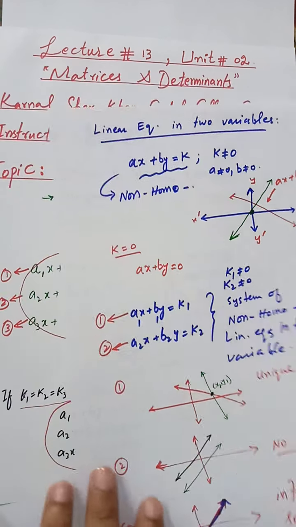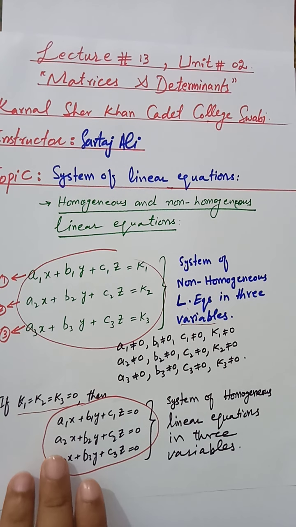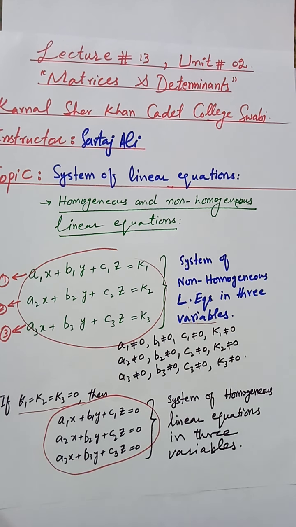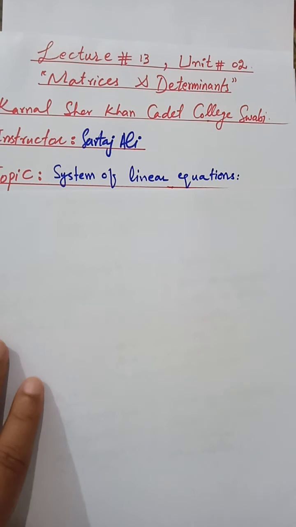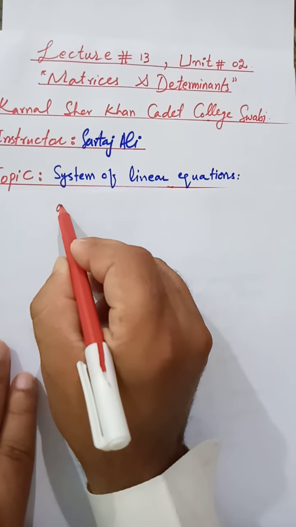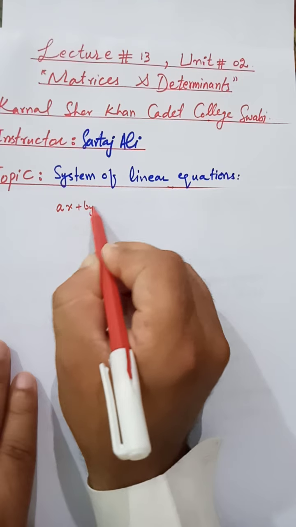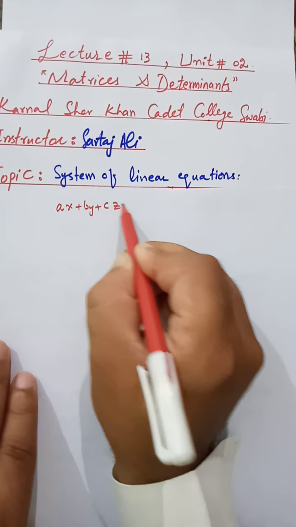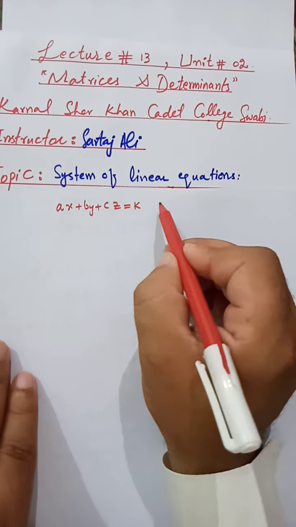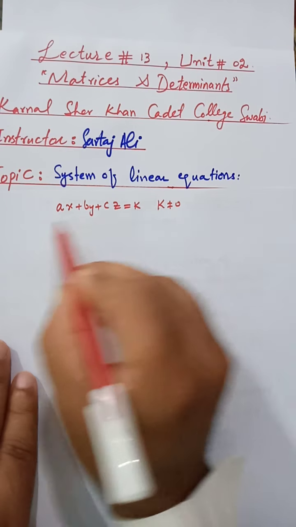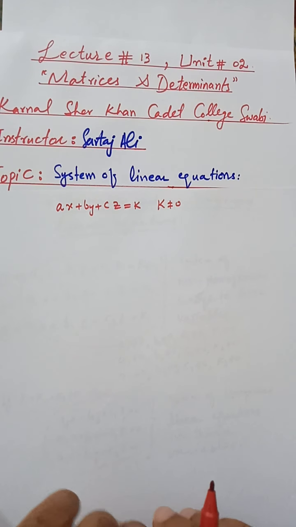So remember, a linear equation in three variables represents a plane in three-dimensional space. If I consider a linear equation in three variables, ax plus by plus cz equals k, where k is not equal to 0, and the coefficients of the variables are also not 0.